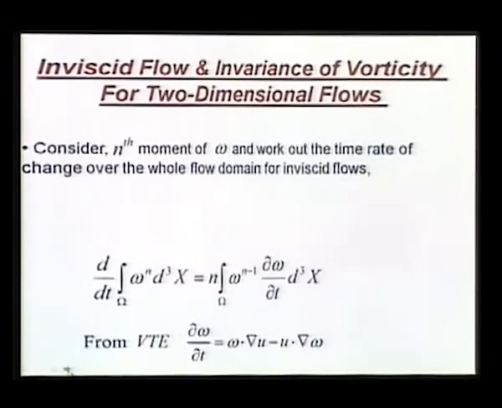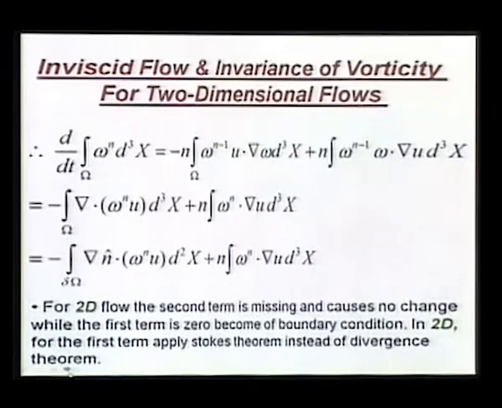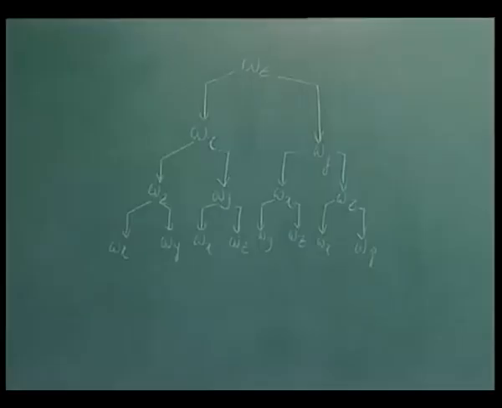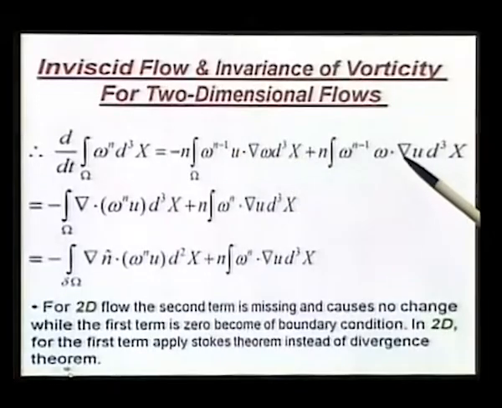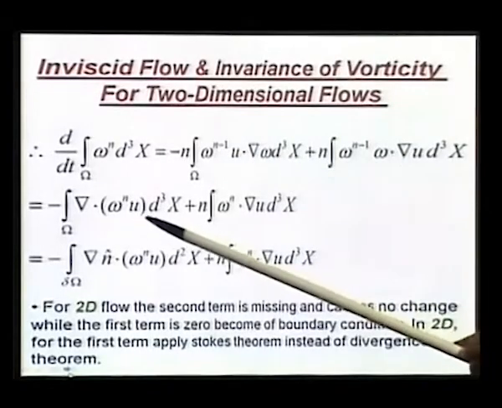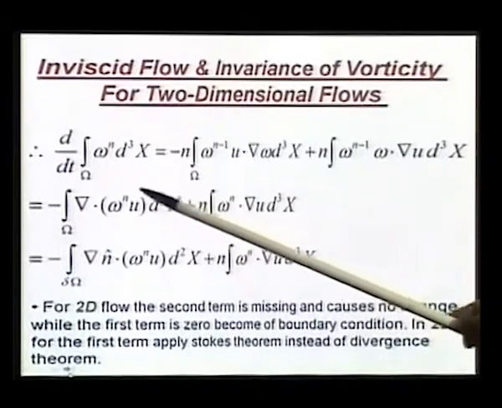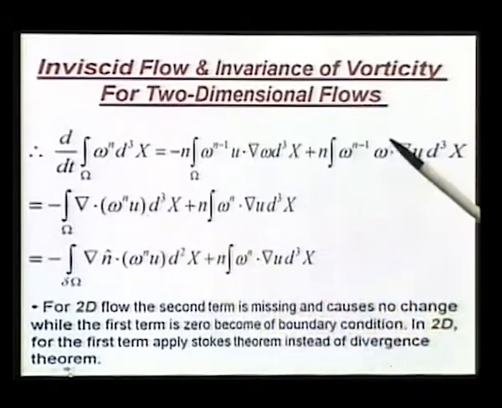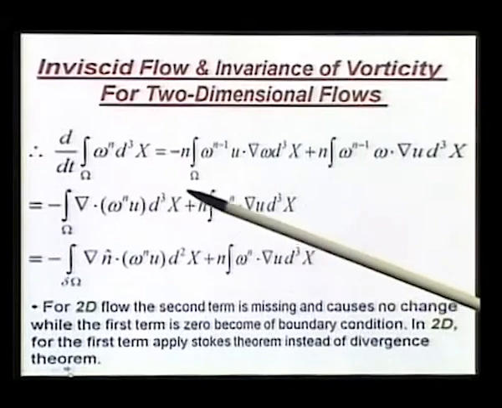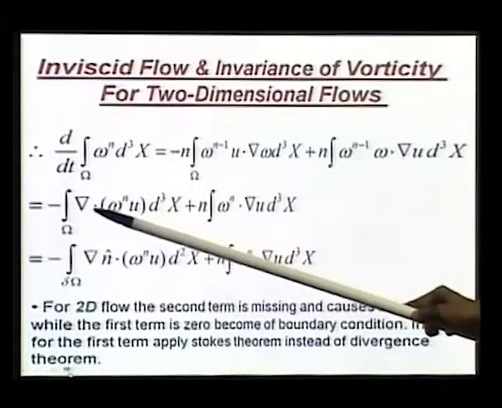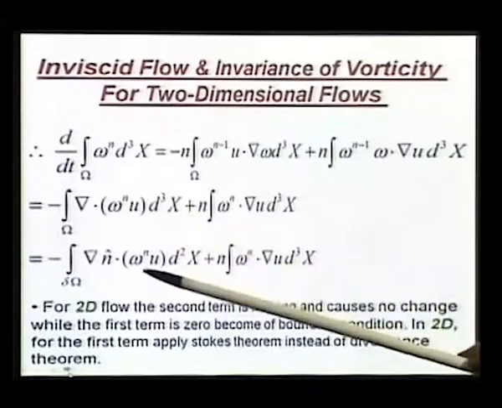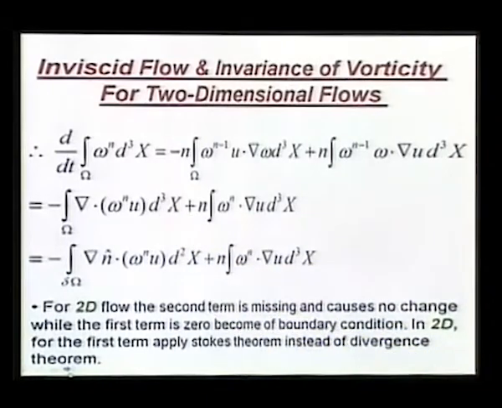And what we really found was that we get 2 sets of terms. One comes from the convective term, another comes from the stretching term. The convective term can be written in terms of this as a volume integral, and this is the stretching term that is written like this. Because this is written in a conservative form, it is a divergence of omega n u. So, we can convert it into an area integral over the control surface, and this is what we get. Now, of course, for 2D flow the stretching term does not exist.